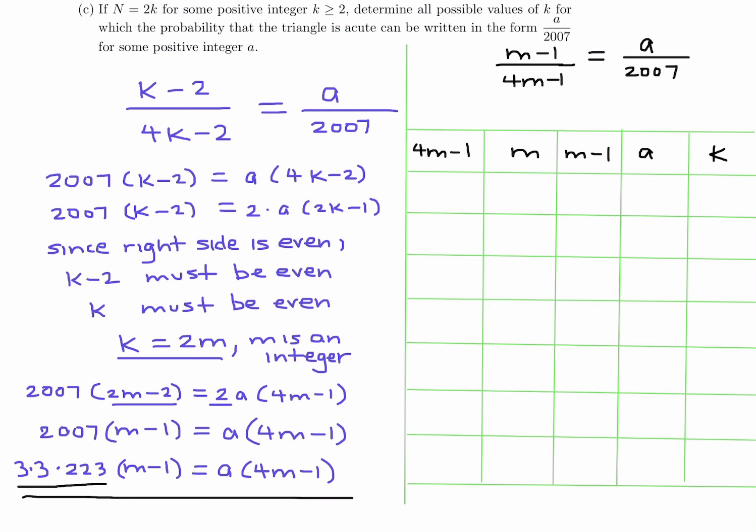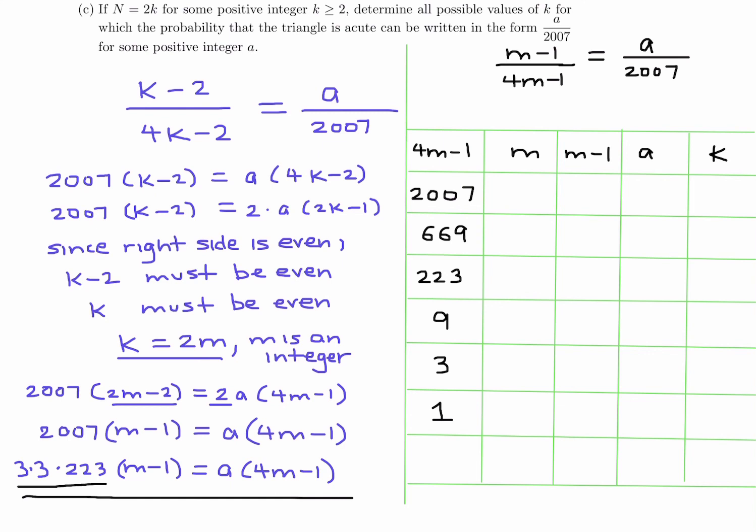Well, the only possible values are the factors of 2007, and those are going to be 2007 itself. Let's see here, 3 times 223, which is 669, and then 223, 9, which is 3 times 3, and then 1. Correct? I think that's it.